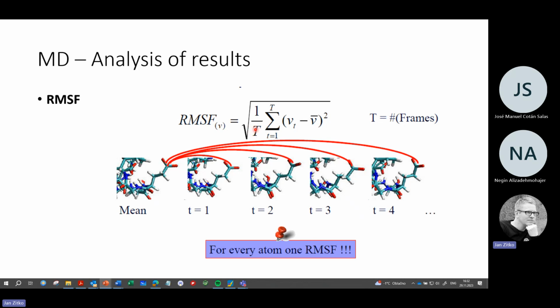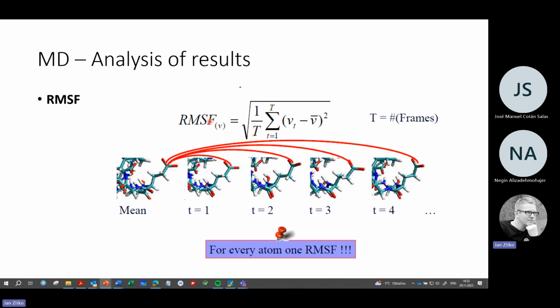We compare the position of one atom over time: frame 1, frame 2, frame 3, frame 4. We calculate the RMSD from the reference to this one, this one, and this one, and then we average. But this time we do not average by number of atoms, we average by time.